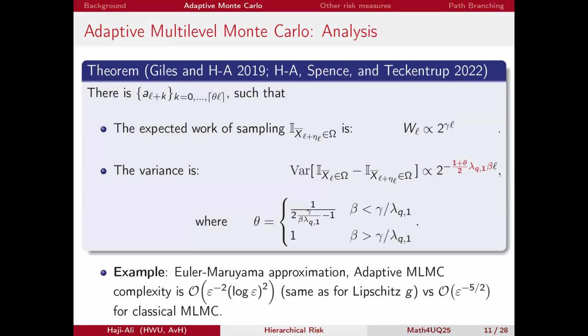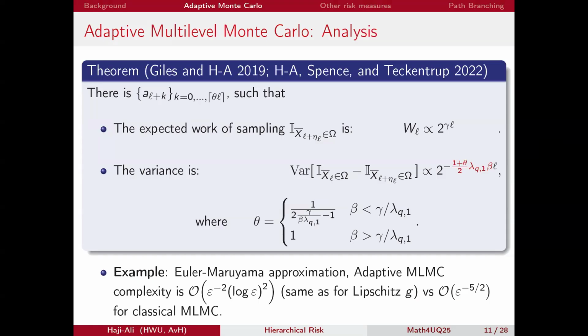So rather than specify what the sequence is, I'm just going to say there is a sequence such that the expected work of these adaptive samples is, in expectation, still of the same order as just sampling X_L. So we don't add significantly more work, which is crucial, because now the variance has this expression. So it's (1 plus theta) divided by 2. So if theta is 0, it means I'm not doing any refinement.